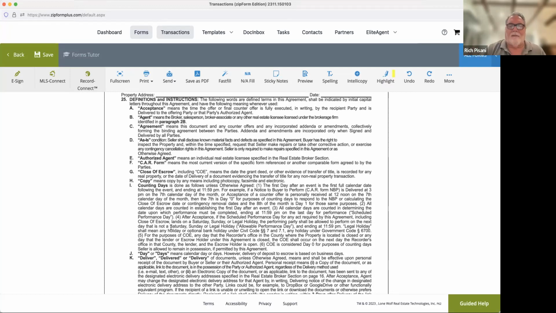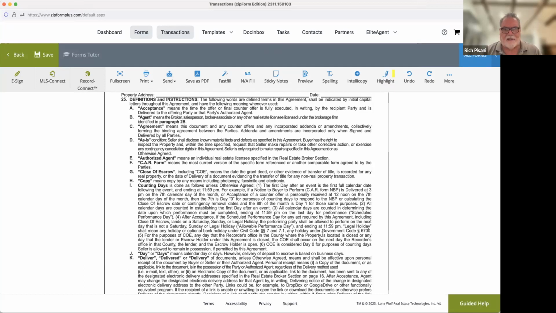So for example, if a notice is delivered at 3 p.m. on the 7th calendar day of the month, and is personally, I lost my place. Okay, let's just go to this: all calendar days are counted in determining the date upon which performance must be completed, ending at 11:59 p.m. on the last day of performance.